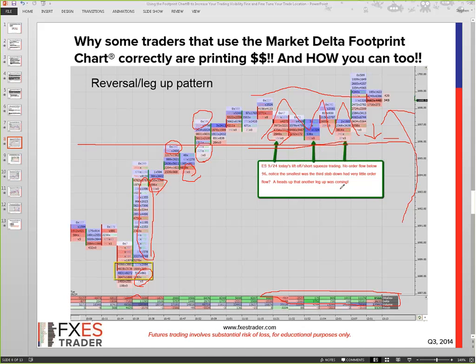Okay, and notice the smallest was the third stab down. So very little order flow, and then more order came in, and I don't know whether or not this was evident, because I forget the day, but whether or not this was evident of other time frame players stepping in. It certainly appeared to me down here, okay?